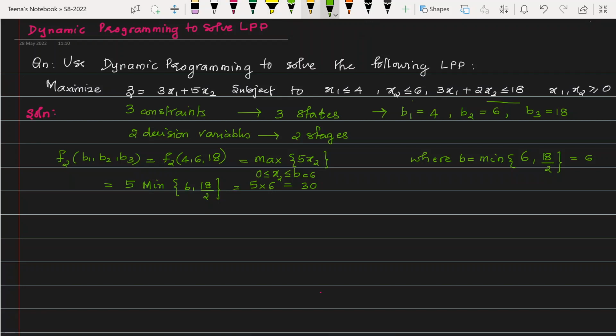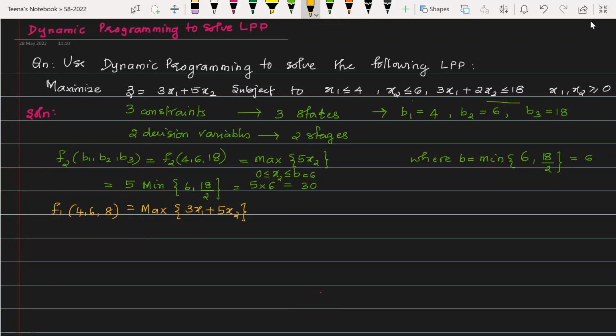Now let us get to the first stage. So now let us find our f1 4 6 8. f1 4 6 8 is maximum of, so we do have to consider both the variables here. So 3x1 plus 5x2. So we will reduce them to a function of a single variable.